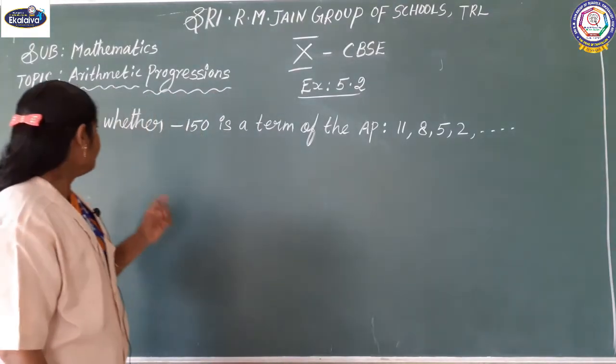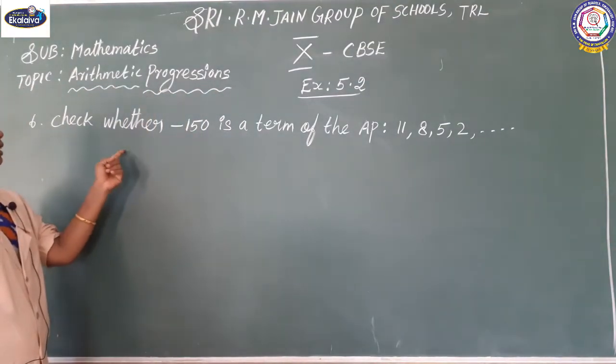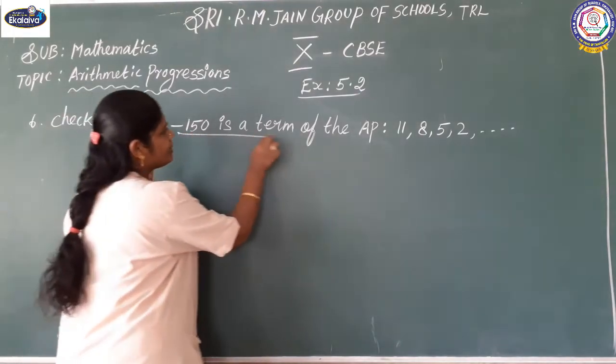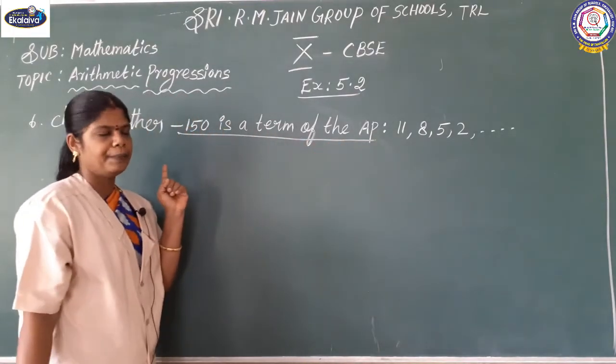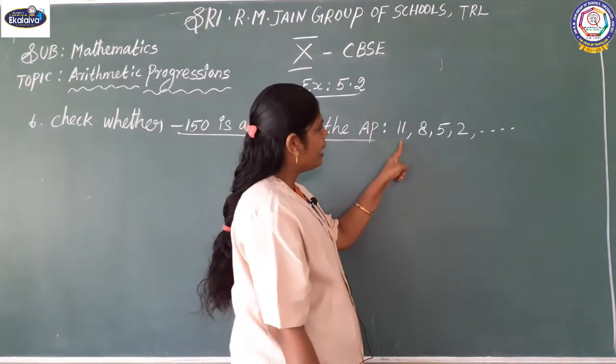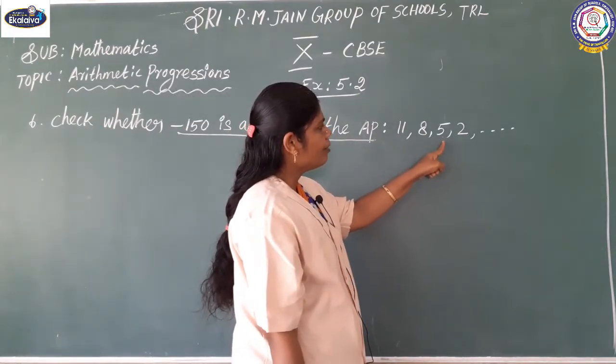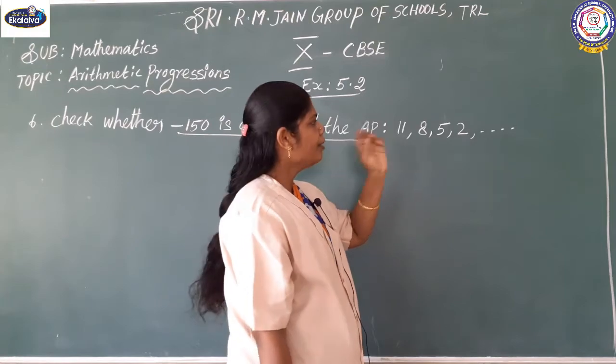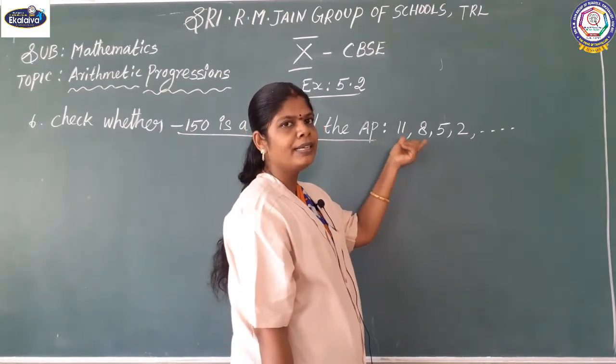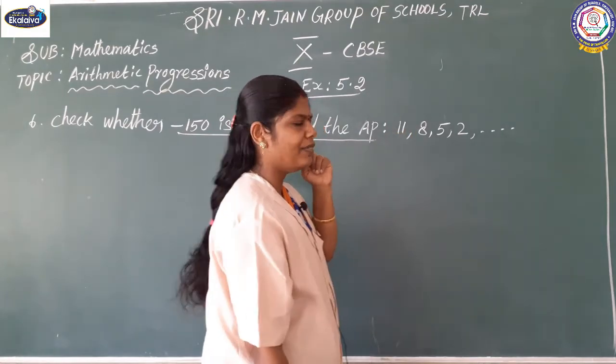See the next question, the 6th one. Check whether minus 150 is a term of the AP. See the sequence 11, 8, 5, 2. From the sequence we are able to write the a value and d value.